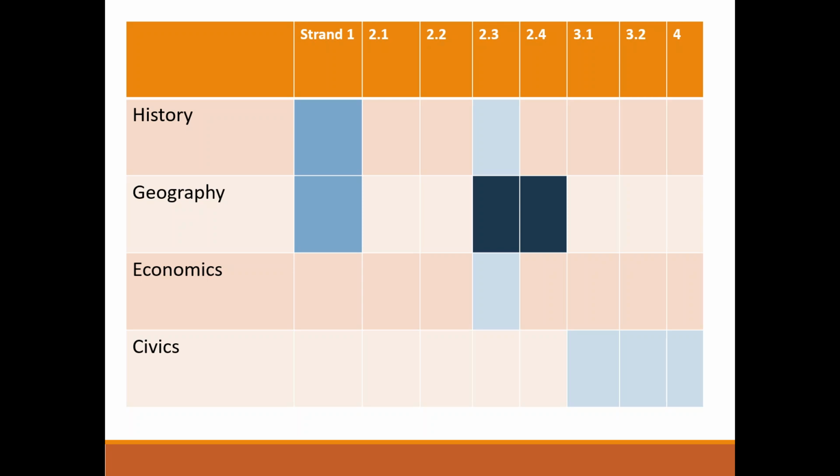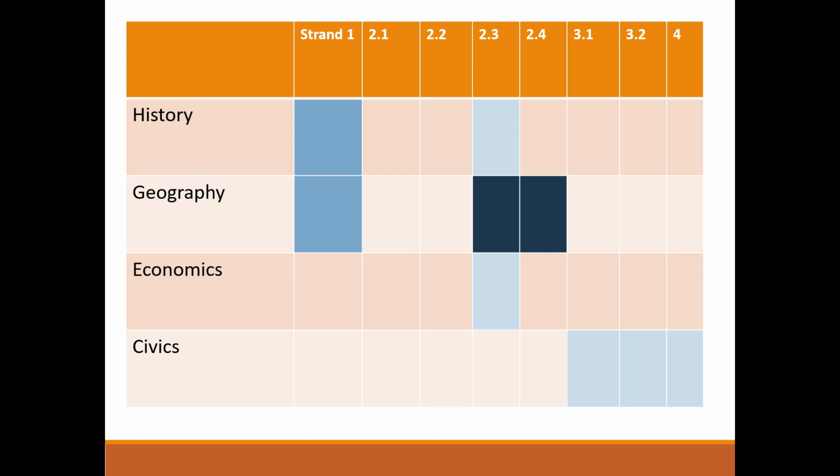If you look at strands 2.1 and 2.2, those are natural concepts, so we would expect not much to show up there. That all shows up in the science standards. 2.3 and 2.4 look at our social systems and how humans interact with the environment, how economics plays a part, how government plays a part, all of those social systems in anything we're talking about in the environment.